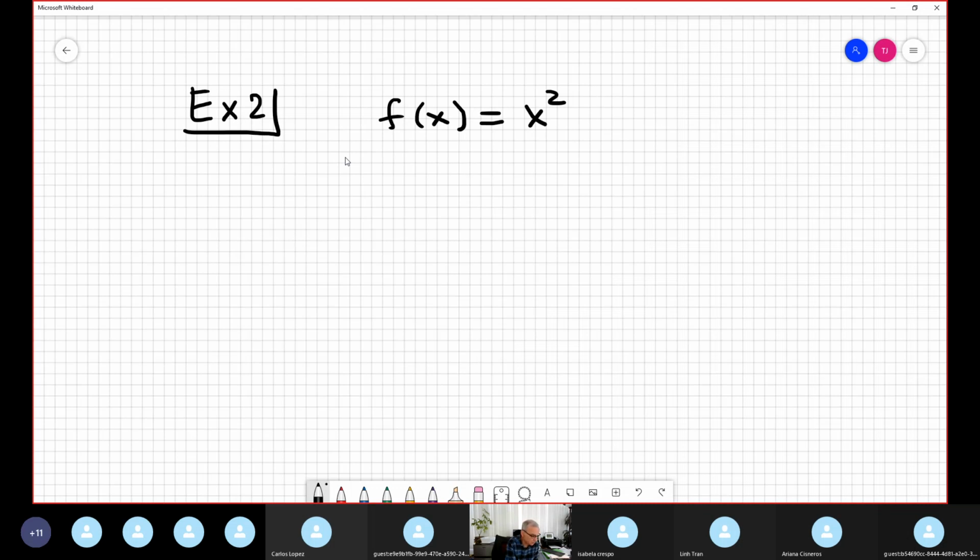Is it 1 to 1, yes or no? Come on, guys, participation. Opinions. What is the best way to investigate if one function is 1 to 1 or no? What is the best way? It's not because it's quadratic. Exactly, it's not because it's quadratic.